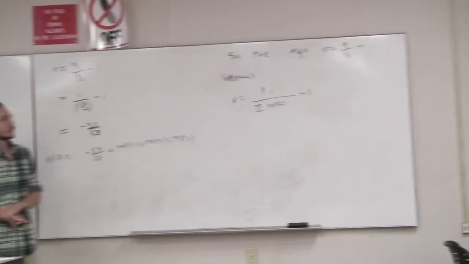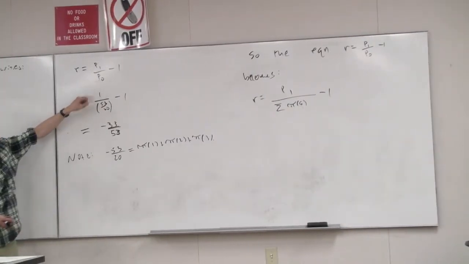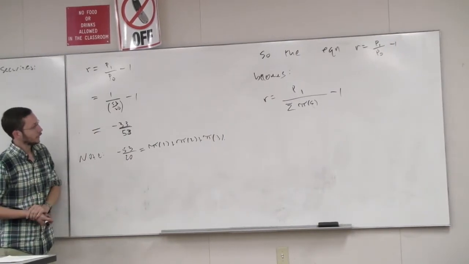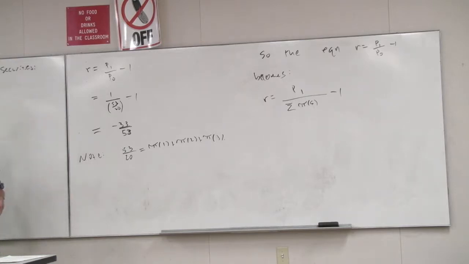Yeah, because the P naught is simply the sum of the arrow prices, right? And I guess it should have, instead of a negative here, a positive.